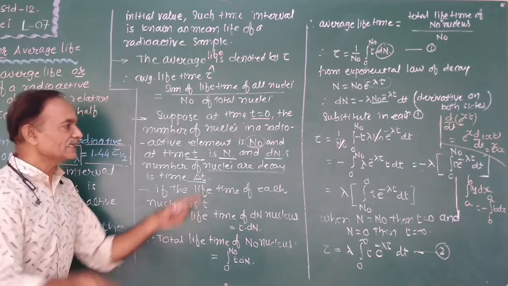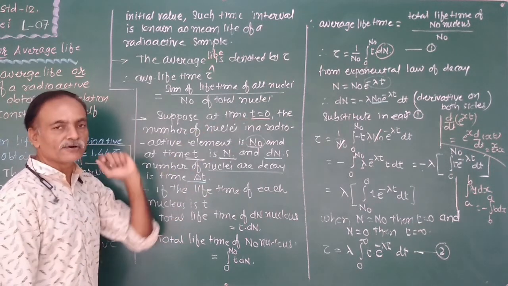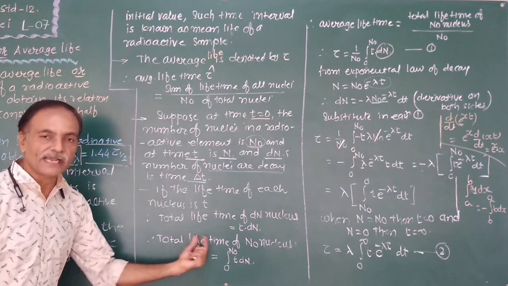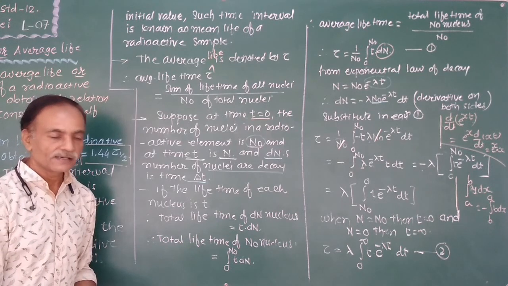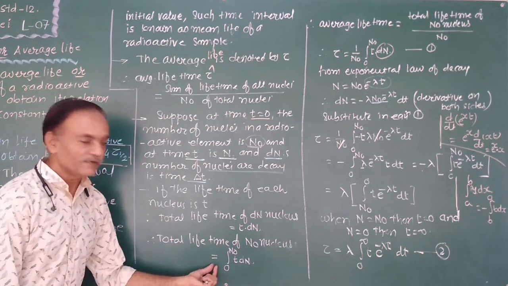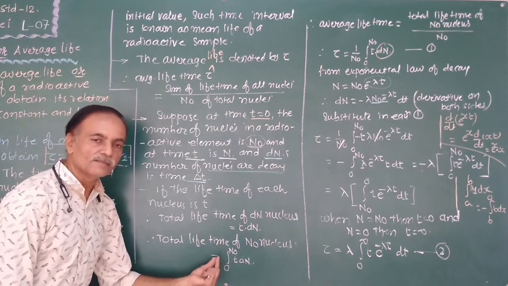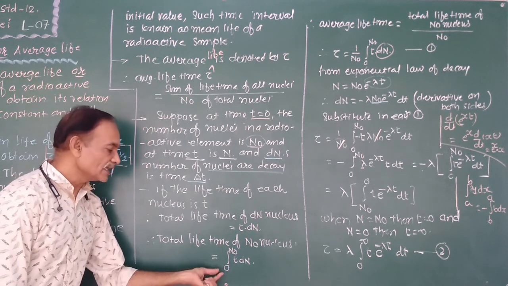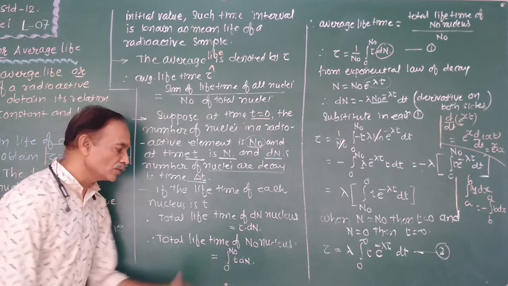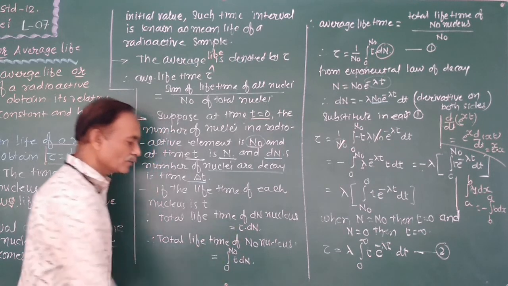Therefore, since the number of nuclei at time t equal to 0 is n0, the total lifetime of n0 nuclei is obtained by integrating this term from 0 to n0, t into dn.